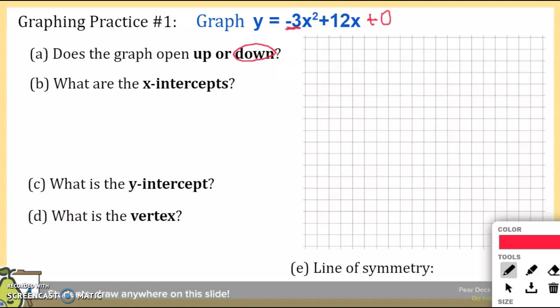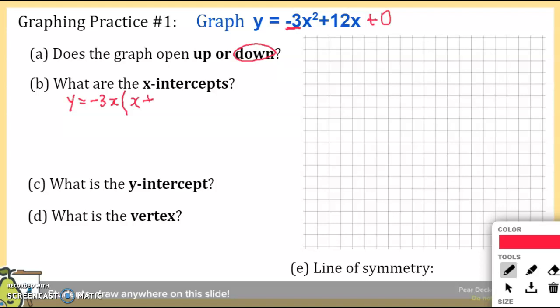What are the x-intercepts? To do that, we need to try to factor it. We need to convert it to factored form. Well, when you have 2 terms and it's a quadratic equation, then it's easy. So that just becomes y is equal to, what are the factors? I can take out -3 and also x. -3x, and that's going to leave me with just the x. -3 times what is positive 12x?